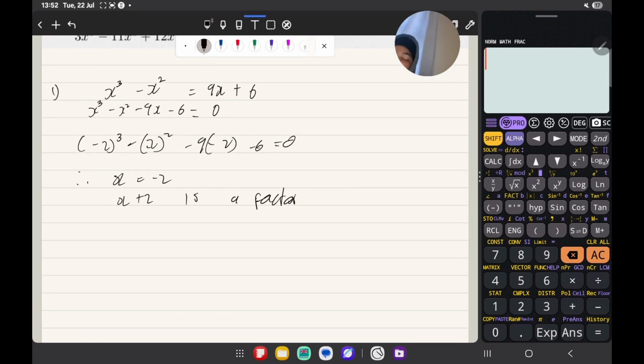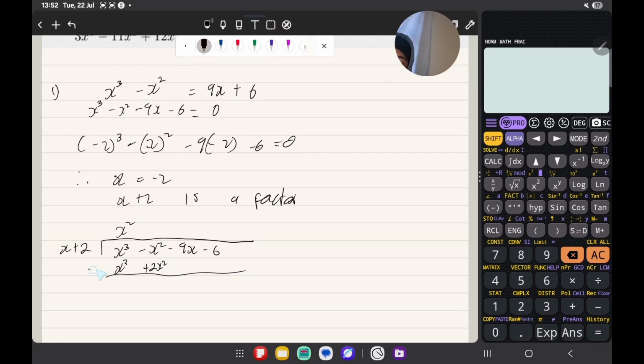And then we do what? The long division. X to the 3 divided by x squared is x, then x squared multiplied by 2 is 2x squared. We have 0 this side, then we're going to have minus 3x squared.